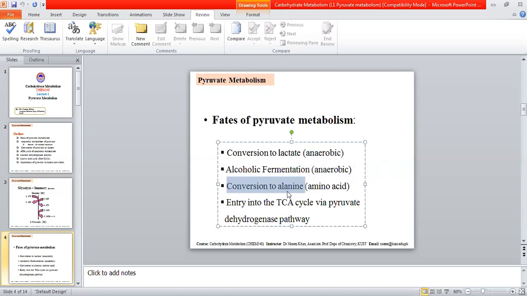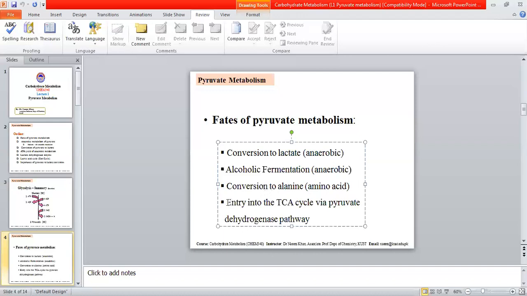Alanine is an amino acid, and here the conversion of pyruvic acid to alanine provides a window for synthesizing proteins from pyruvic acid. Remember, pyruvic acid is not a carbohydrate, but it is the product obtained from glucose metabolism in glycolysis. So here we have a route of synthesizing proteins from carbohydrate.